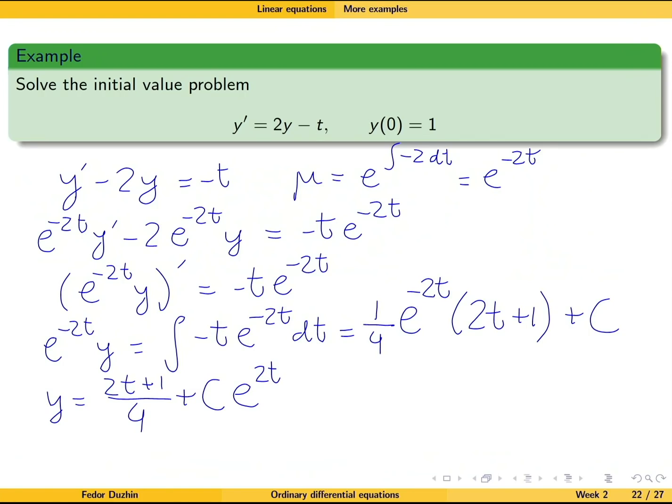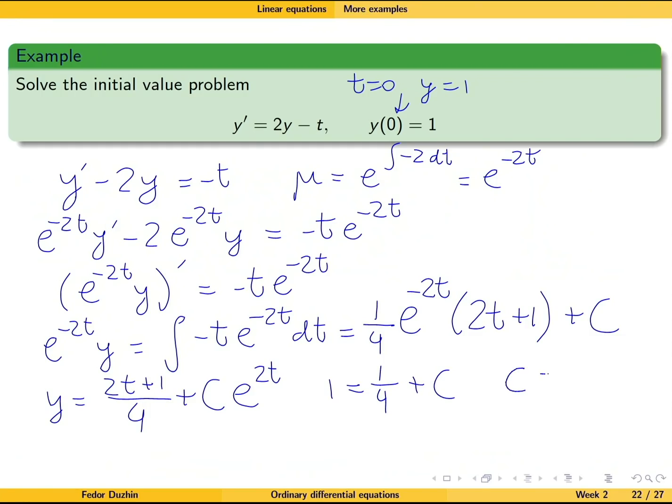Okay, now we can find the constant. So now let's look at our initial condition. It tells us that t is 0 and y is 1. So 1 equals, t is 0, 0 plus 1 over 4, plus constant, and e to the 0 is 1.